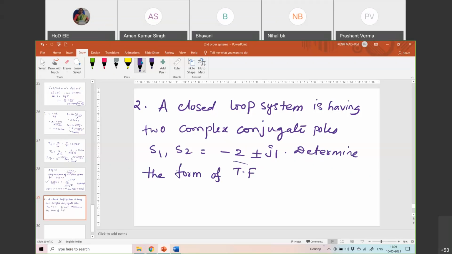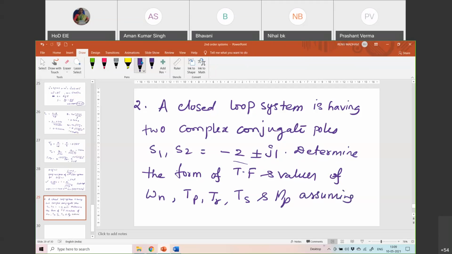Making use of this, you have to obtain the transfer function and determine the values of omega n, Tp, Tr, Ts and Mp, assuming a standard second order system. The challenge here is to get the second order system transfer function making use of the poles given.